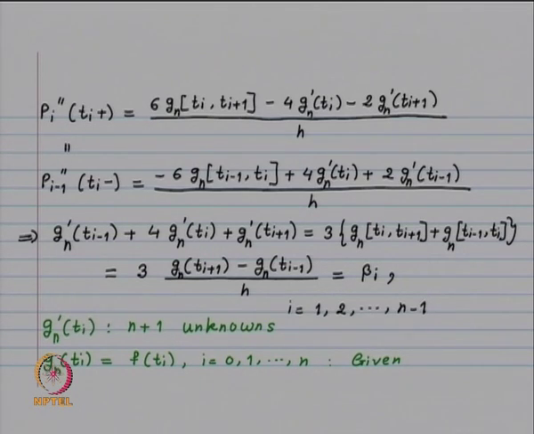Now, the first extra condition is that suppose you know the derivative value at the two endpoints. If we know the derivative value at all the partition points, then we have piecewise cubic Hermite interpolation.